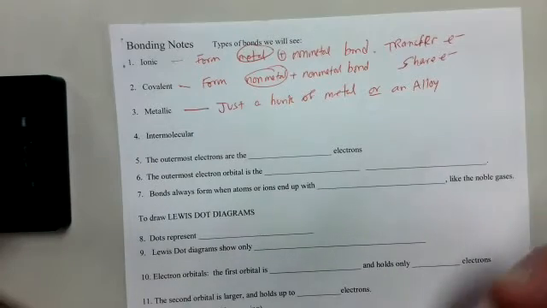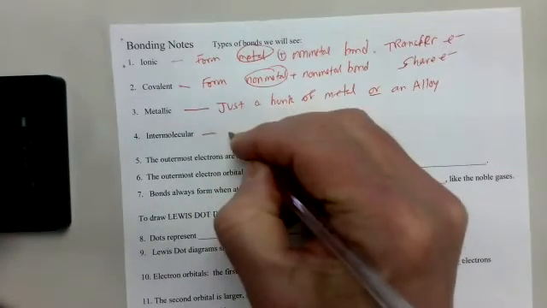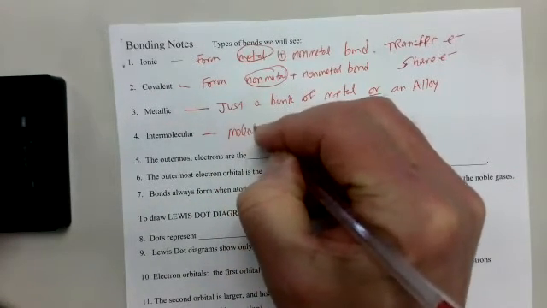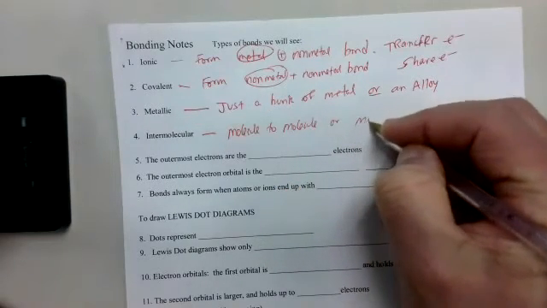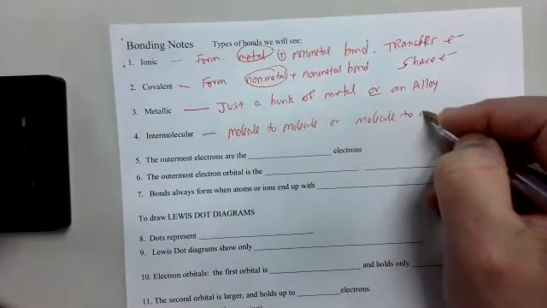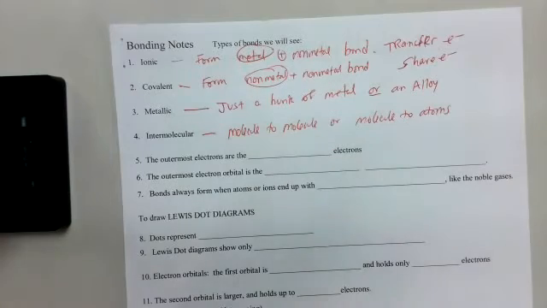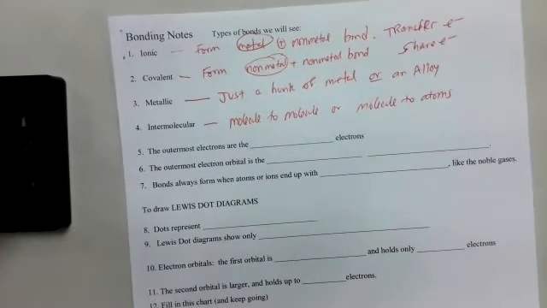This is a little weird. Intermolecular, this is molecule to molecule or molecule to atoms. This is between the particles. This is not inside of a bond. This is between particles.